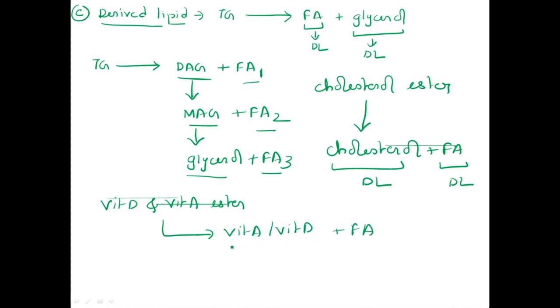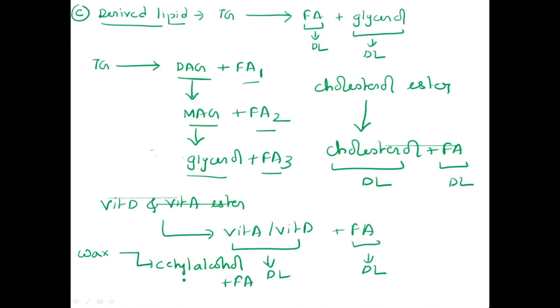This vitamin A and vitamin D is also a derived lipid, and this fatty acid is also a derived lipid. Similarly, we have wax. When it undergoes hydrolysis, it produces cetyl alcohol along with fatty acid. The cetyl alcohol is also a derived lipid.